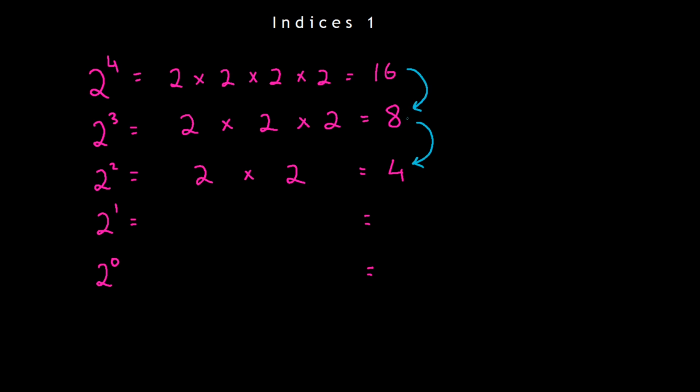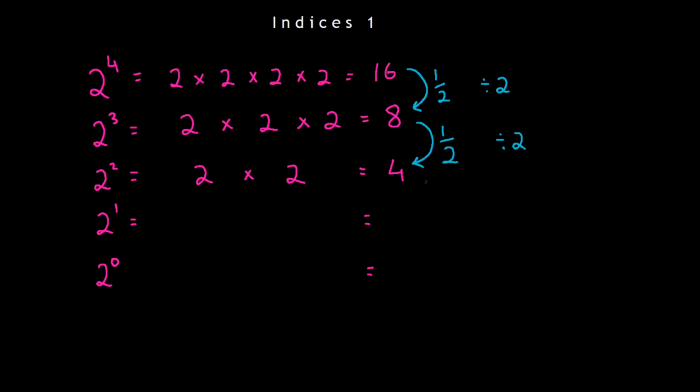If you've spotted this correctly, we're actually halving, or dividing by 2, whichever way you like to write it. So half of 16 is 8, and what's half of 8? Well, it's 4. So the rule works, right? Halve, or divide by 2. Same thing.